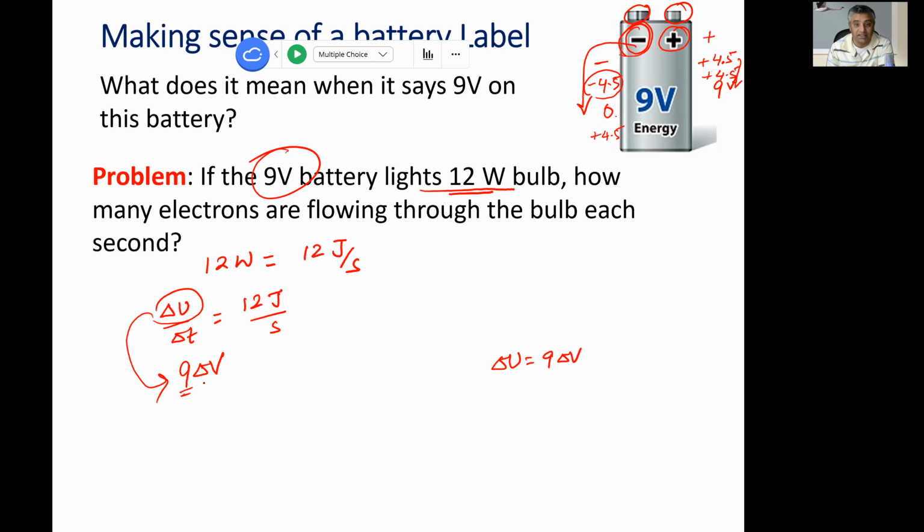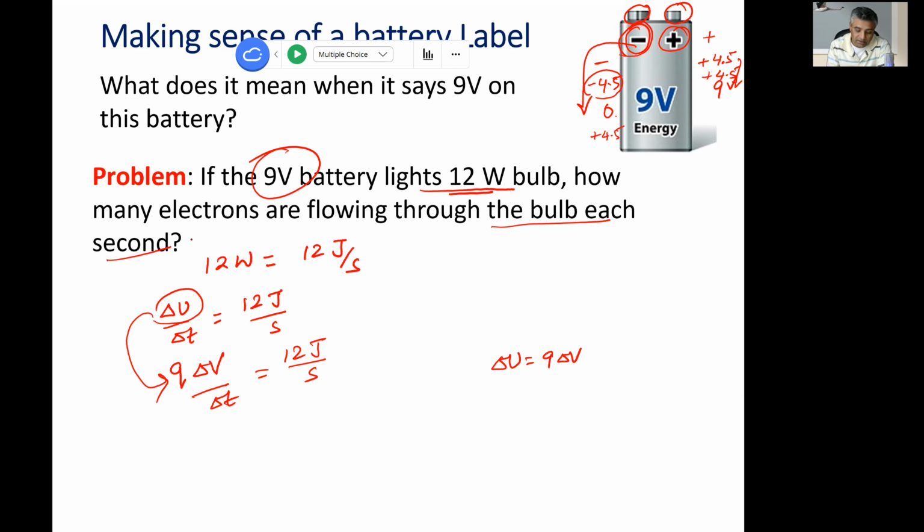Q is the charge, the total amount of charge that's flowing here, over delta t. It's flowing through the bulb each second, so time is basically 1 second, it's known, right? So this is not 9, but it is Q. Q times delta V is 12 joule per second.